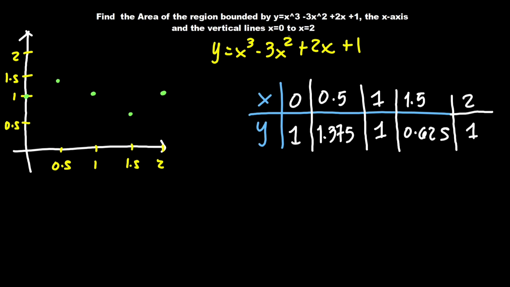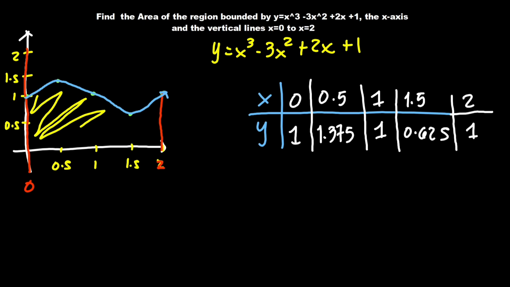And so, plot the limits. x equals 0 and x equals 2. And so let us draw the curve. Something like that. And so this is the shaded region to which we would want to find the area.